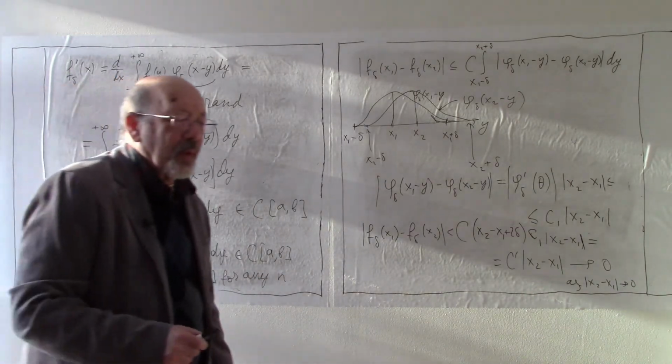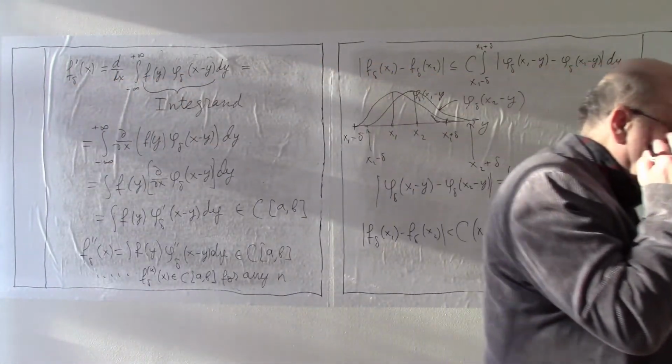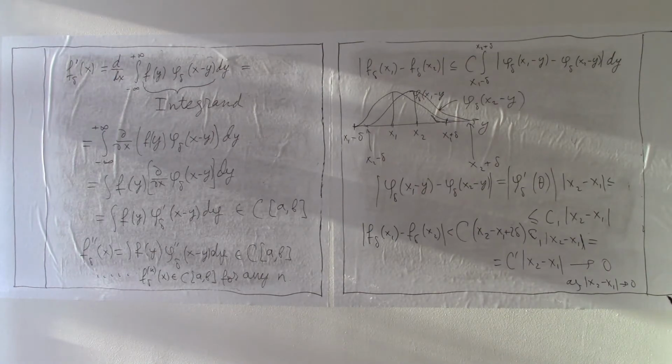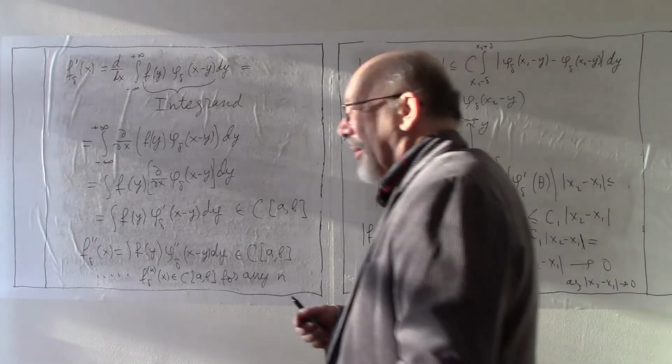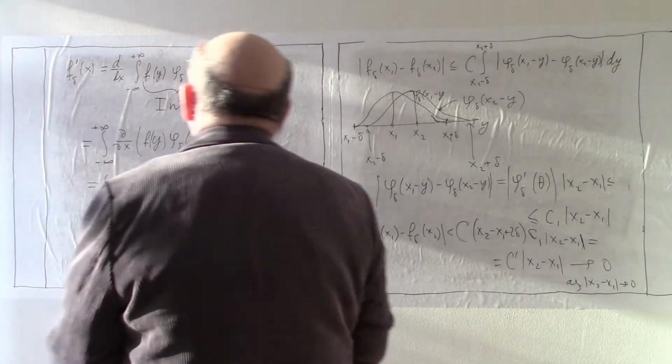So this proves that the function f delta is infinitely many times differentiable.